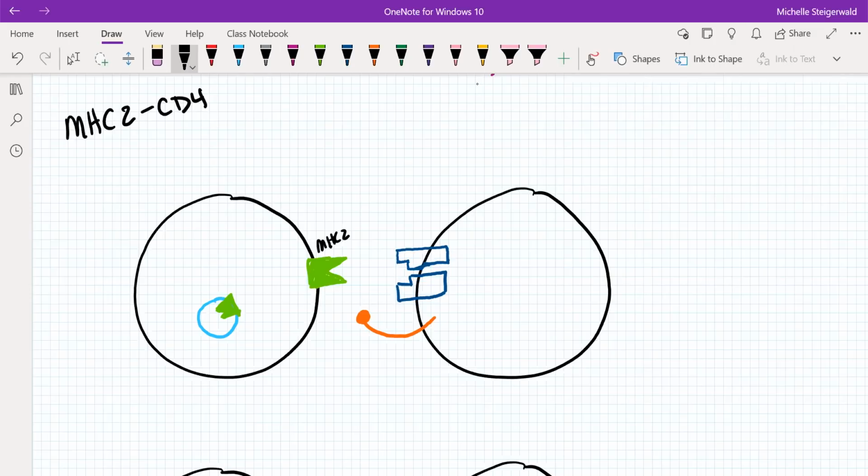This could be a dendritic cell, it could be a macrophage. We're going to use an example of a B cell. So this is an immature, naive B cell. And what makes naive B cells unique is that these have transmembrane antibodies.